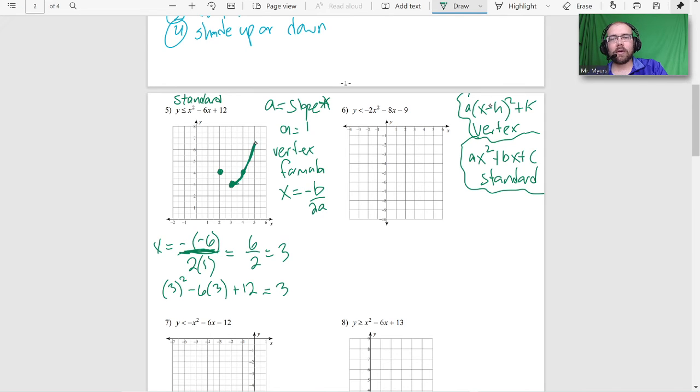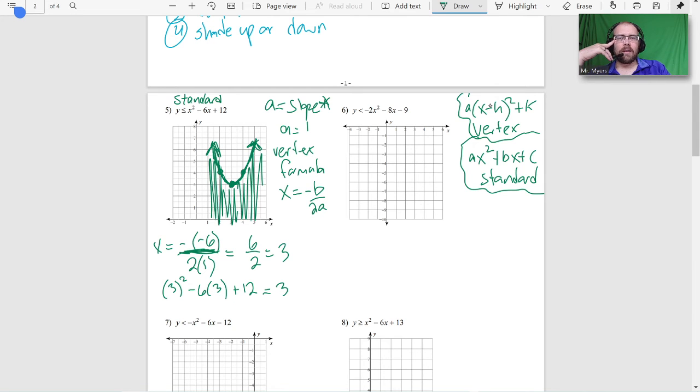I can find them with the slope. Just like that. All right. And again, I forgot to check if it was dotted or solid, but it's supposed to be solid, so there we go. And the less than goes up or down? It goes down. Awesome. Just like that. And then we're on to number 6.